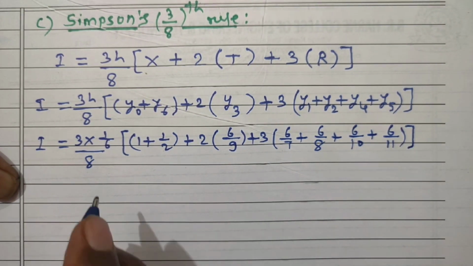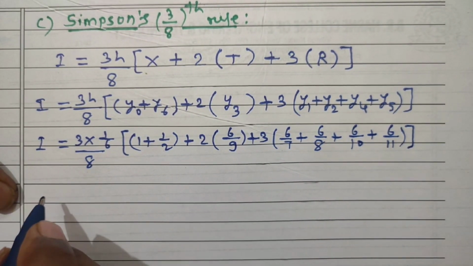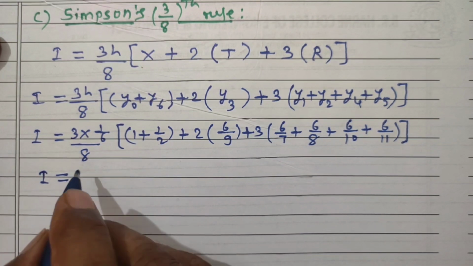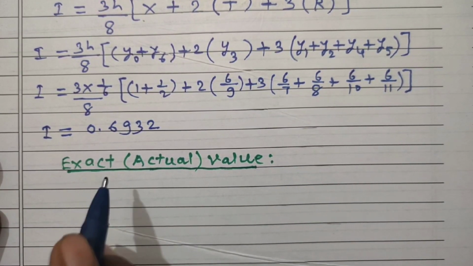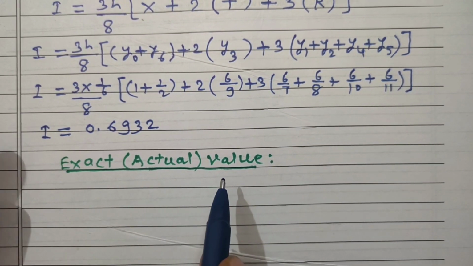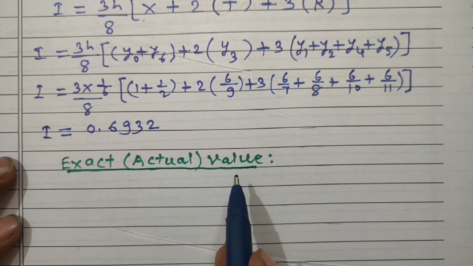Use a calculator and calculate this right hand side. So I is equal to 0.6932.